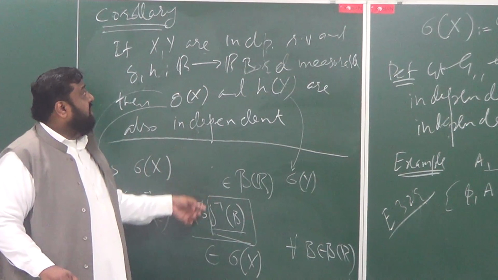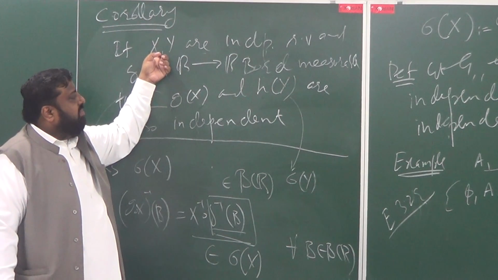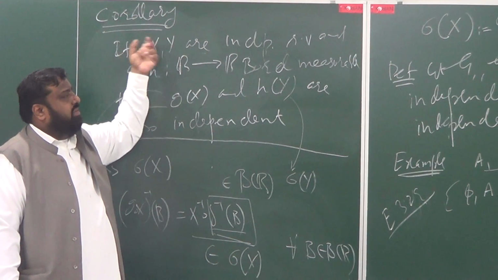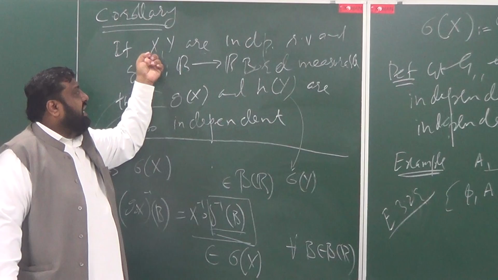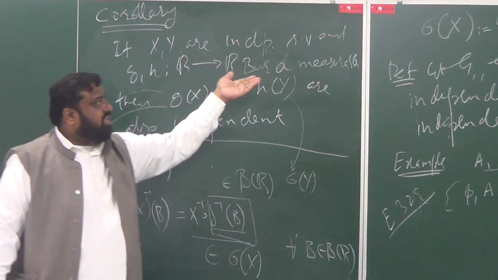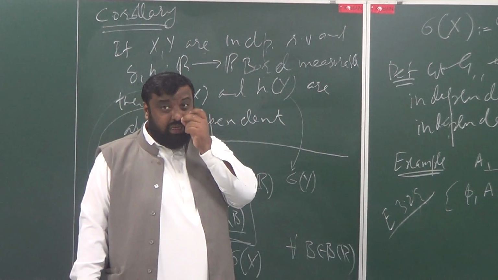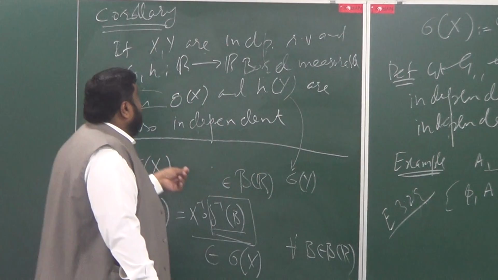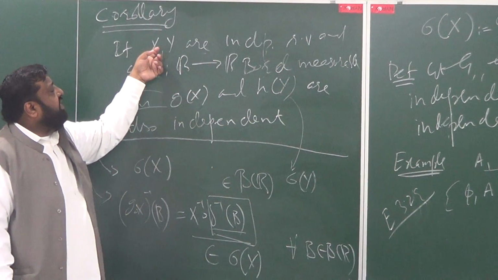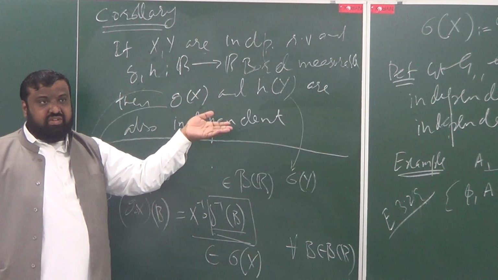So X is a what? X is an independent random variable, independent of Y, but X is going to generate a sigma field. From every random variable you can generate a sigma field. Obviously X is measurable with respect to that generated sigma field itself.